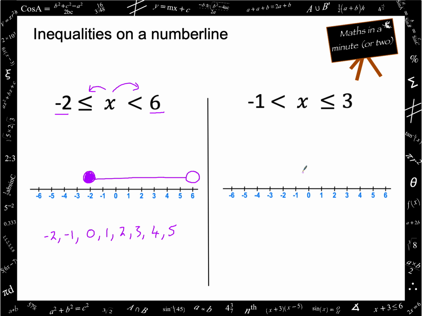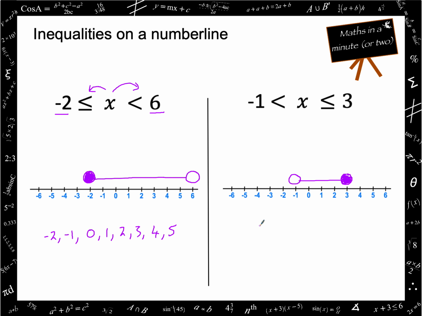Okay, let's look at the one on the right. This means numbers greater than -1 but less than or equal to 3. So we put our circle above the -1, and that's going to be empty because there's no line, and our circle above the 3 is going to be filled because there is a line, so it includes the 3 but it doesn't include the -1, and then we join them up.